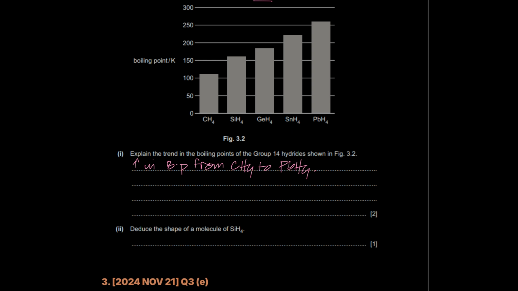So why would there be an increase in boiling point from CH4 to PbH4? It is due to more number of electrons. And when you have more electrons, what's going to happen? You're going to have larger dipoles and therefore stronger van der Waals forces.